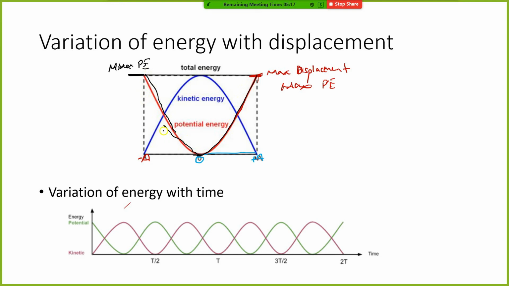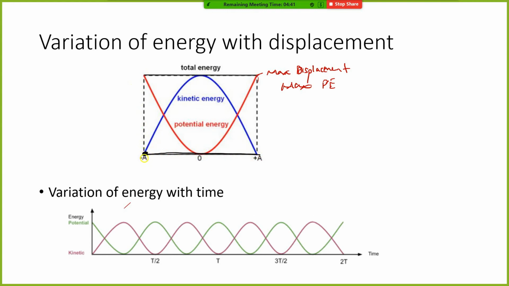As it relates to the kinetic energy now, we can look at it as well to see what is happening. Remember that at the maximum displacement, which is the amplitude, we said that the kinetic energy is going to be equal to 0. So as you can see, this line is a 0 line. There's essentially no kinetic energy at the amplitude.